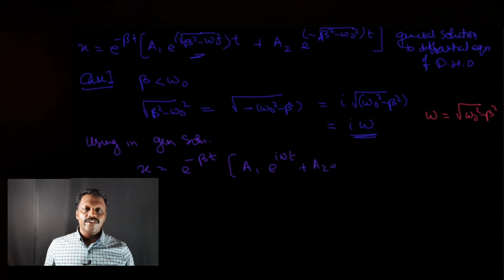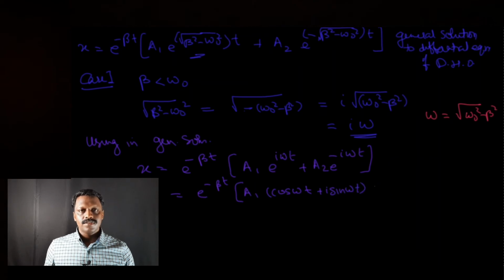Now we can expand e raised to i omega t using e raised to i theta is equal to cos theta plus i sin theta, and e raised to negative i theta is cos theta minus i sin theta. So using that, a1 e raised to i omega t is replaced with cos omega t plus i sin omega t. Similarly, in the next term, a2 e raised to negative i omega t is replaced with cos omega t minus i sin omega t.